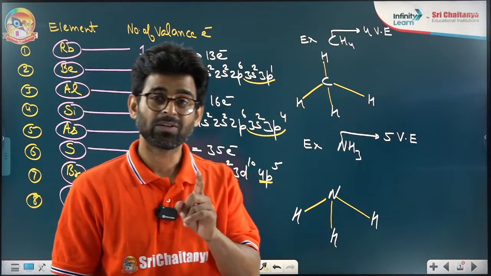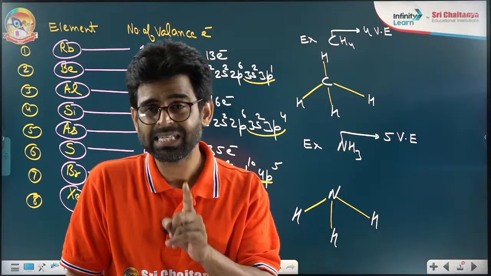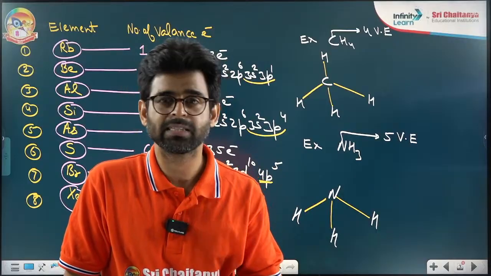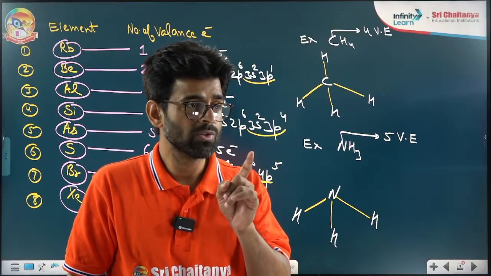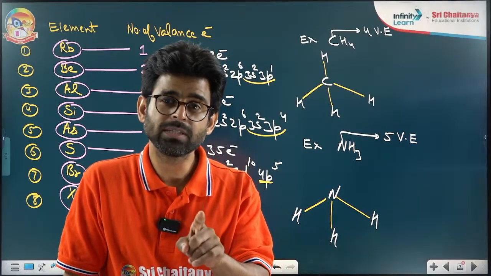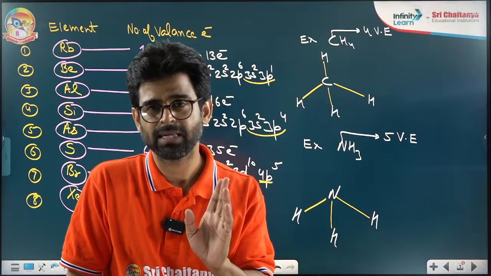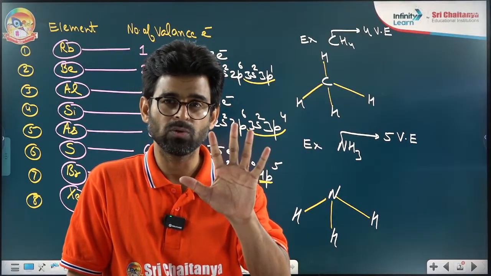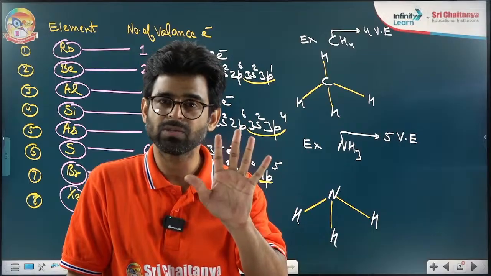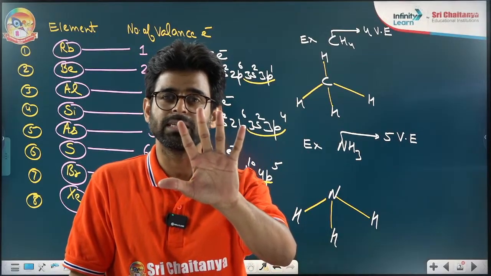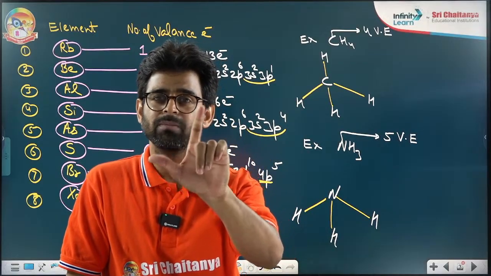So hydrogen makes 1 bond, 1 bond, 1 bond. Nitrogen was having 5 valence electrons, and it used 3 electrons in making 3 bonds. I'm saying once again, out of 5, it used 3 electrons in making bonds.